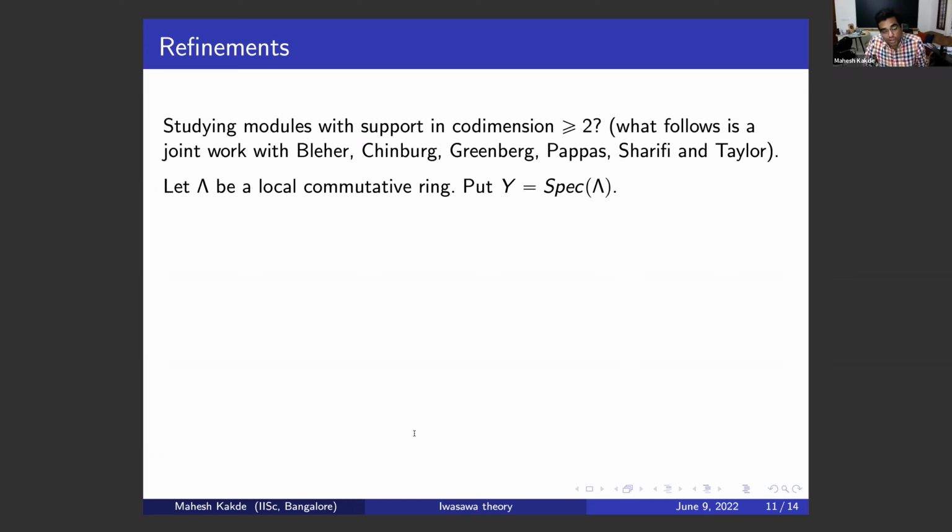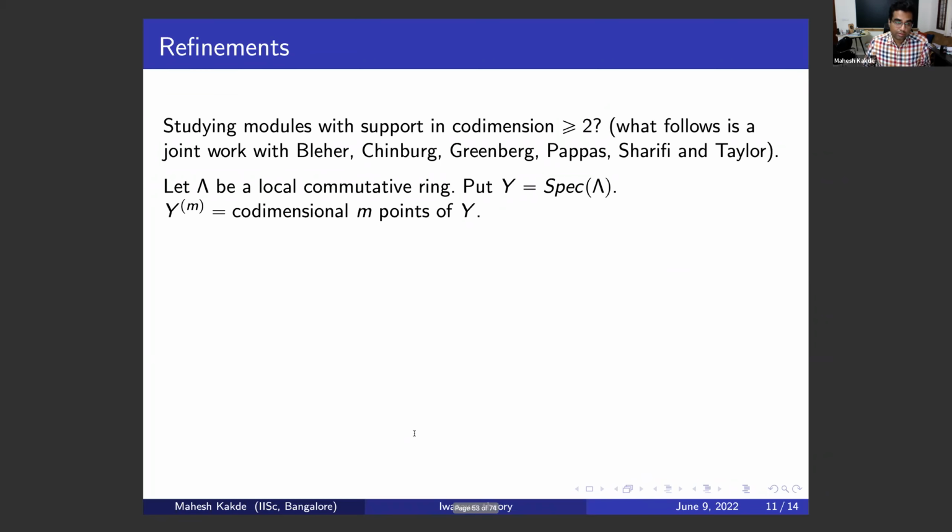There is something we can do with non-commutative rings, but very little, so I'm not going to say anything about that. I'm just going to restrict to a local commutative ring Lambda. If you want, you can just take Lambda to be Z_p double bracket a bunch of variables, power series in infinitely many variables over Z_p.